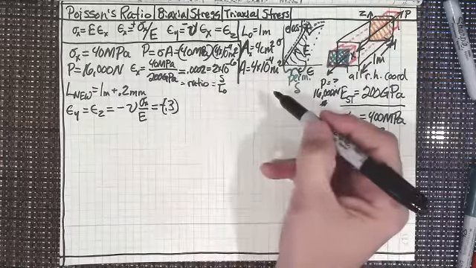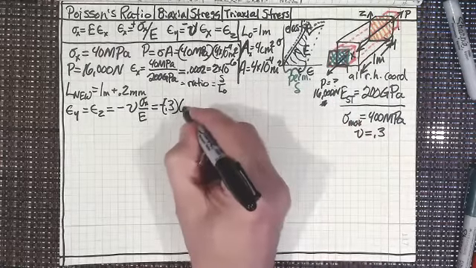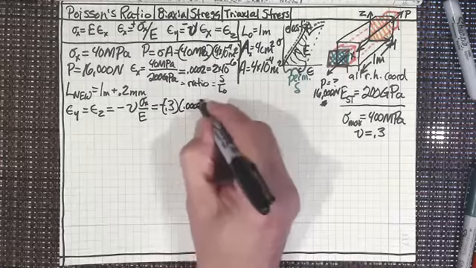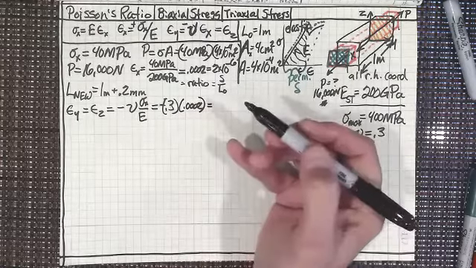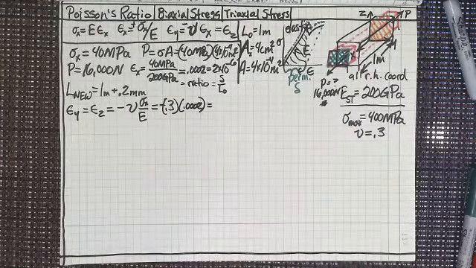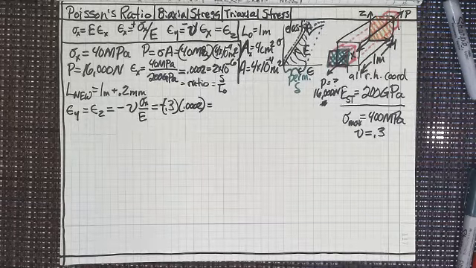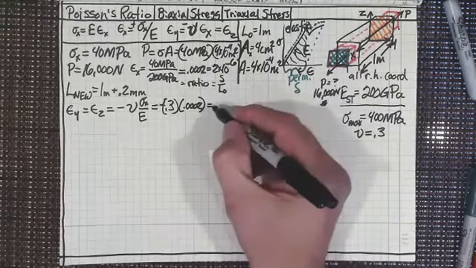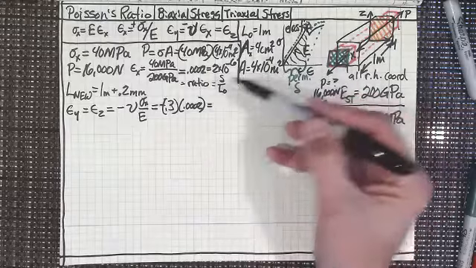And then times the strain in that direction, which is 0.0002, right? So that gives us, say, 0.000, 2.2.